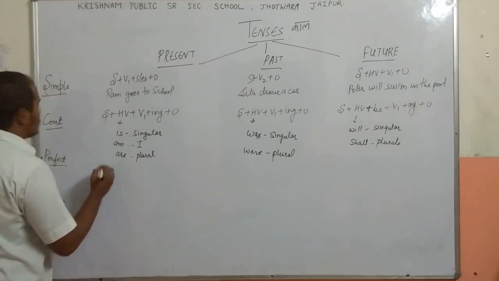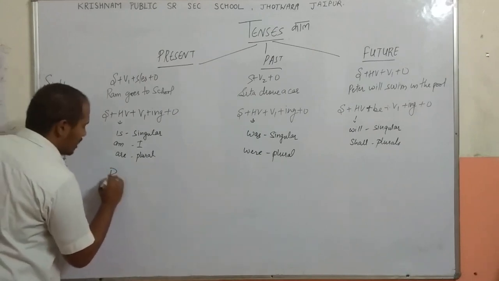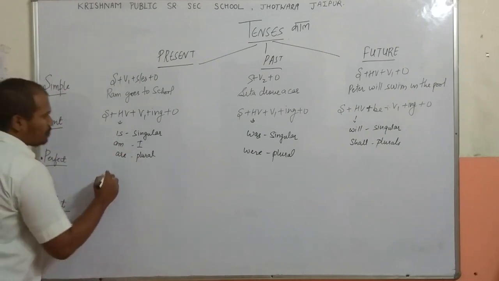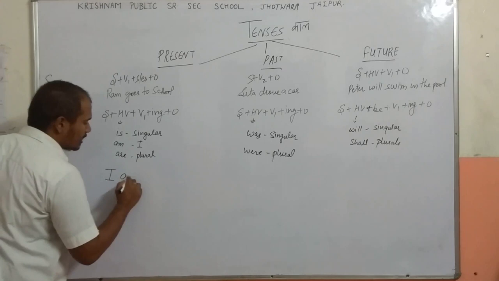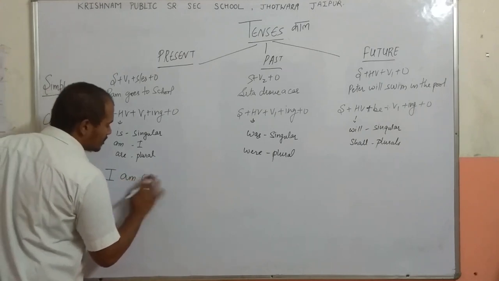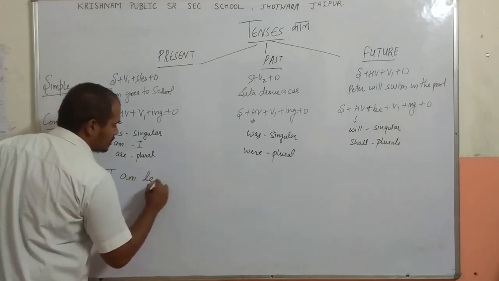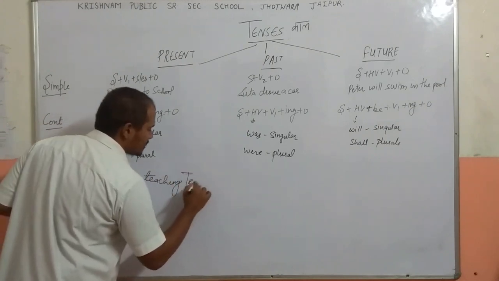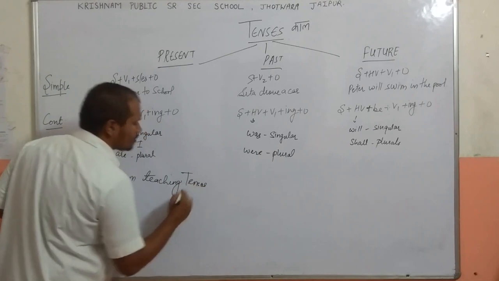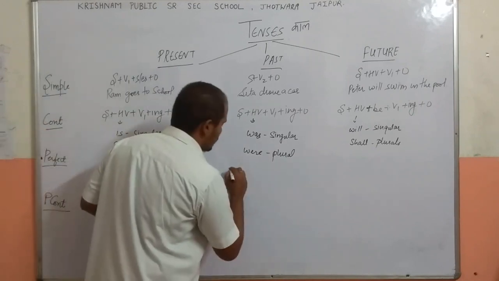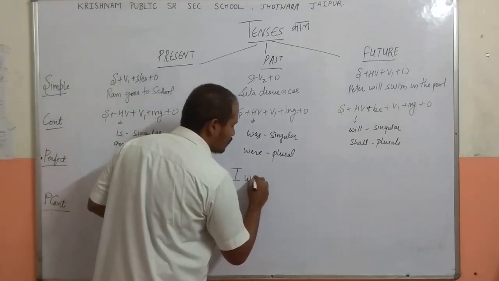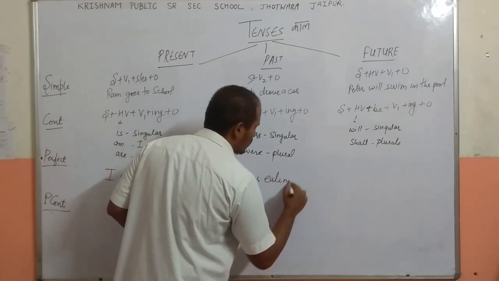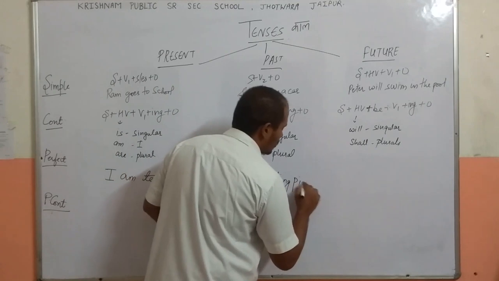So my first example for present continuous is: I am teaching tenses. Okay. Now I'll change the subject. I was eating pizza.